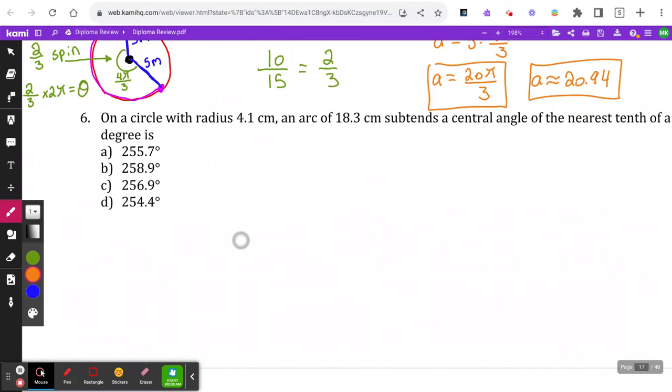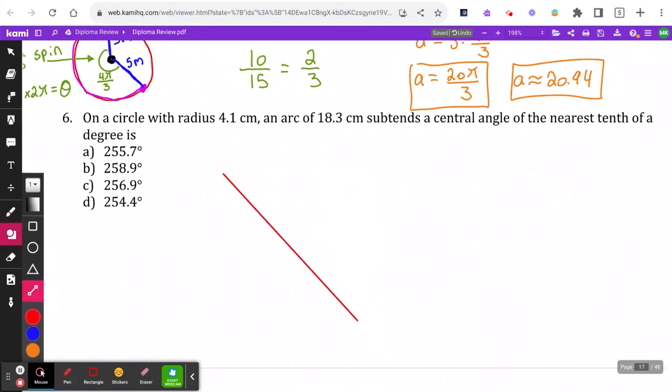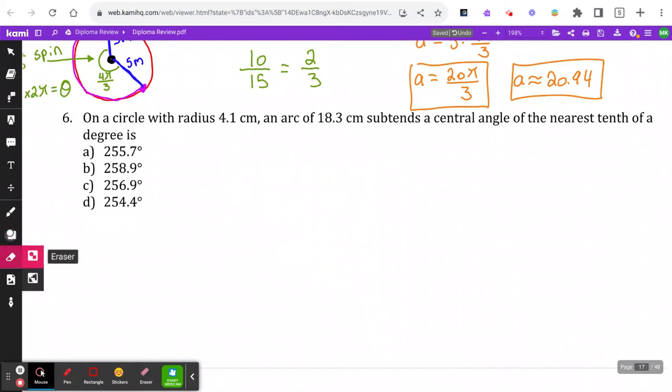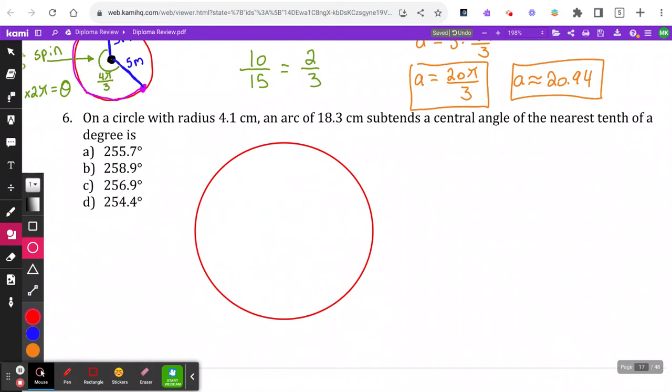Number 6. On a circle with radius 4.1, an arc of 18.3 subtends a central angle of, to the nearest tenth of a degree, what? Okay, so I've got a circle. This circle will be nicer for you. Draw a circle as nice as me.